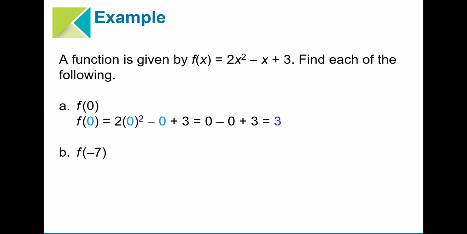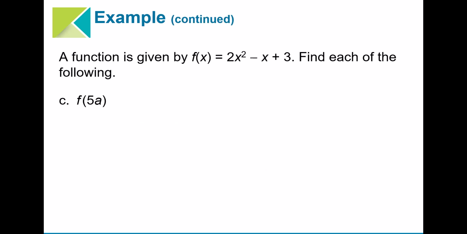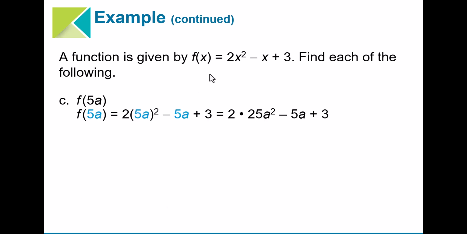If you want to find f of -7, everywhere you see an x, you plug in -7. We can even do this with variables. If I said find f of 5a, everywhere you see an x, notice we plug in 5a, so you can even end up with something at the end with variables still in it.